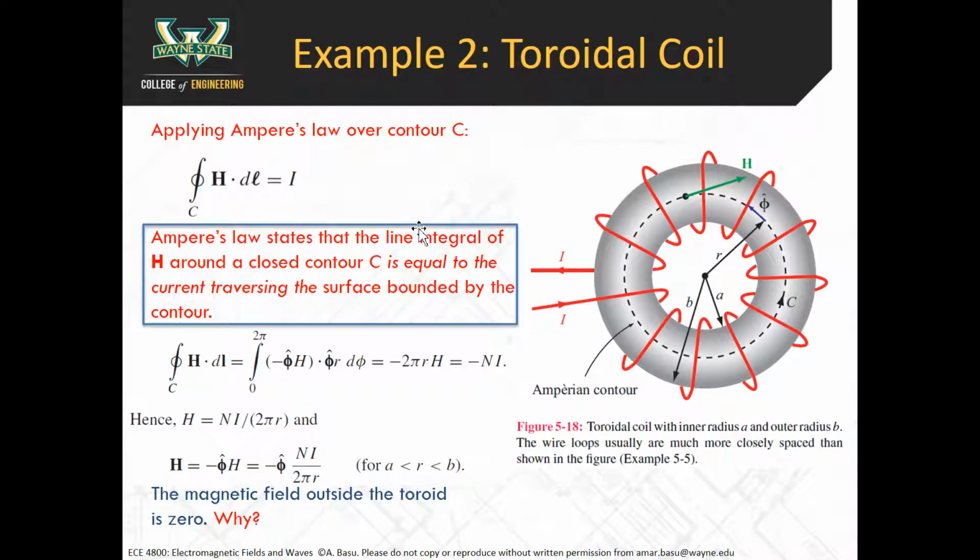The magnetic field, you can see here, that green arrow there, H. The magnetic field basically goes around the interior of the donut. Does that make sense?